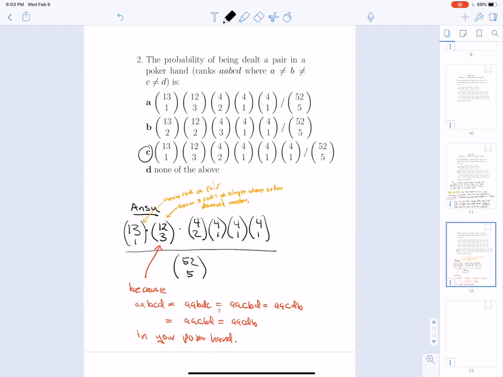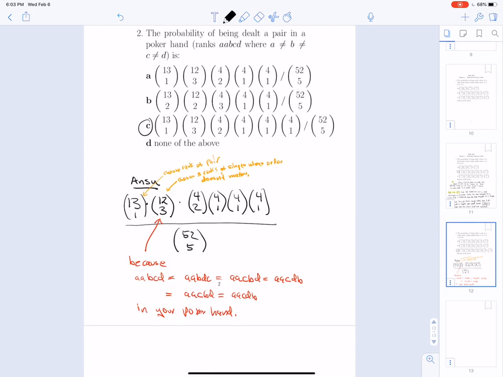And I've just written here again that the reason that we're taking 12 choose 3 is because B, C, D can appear in any order here. I don't distinguish these because in my poker hand I don't distinguish the order of the singles.